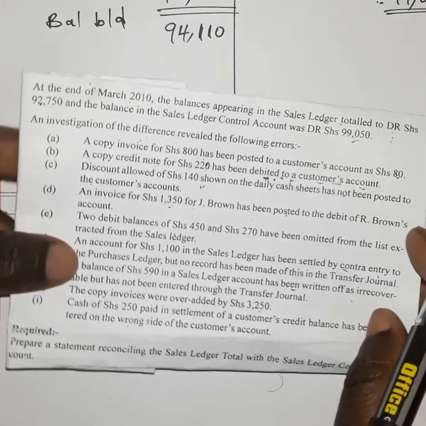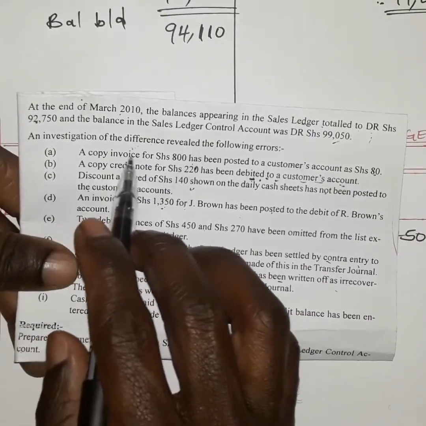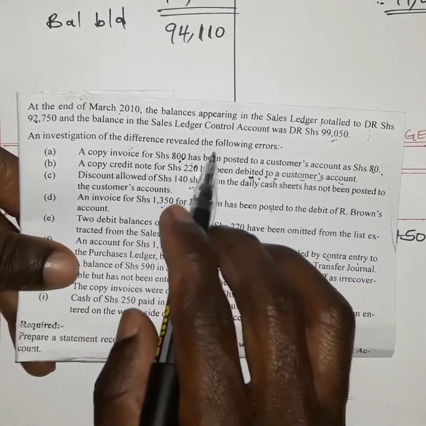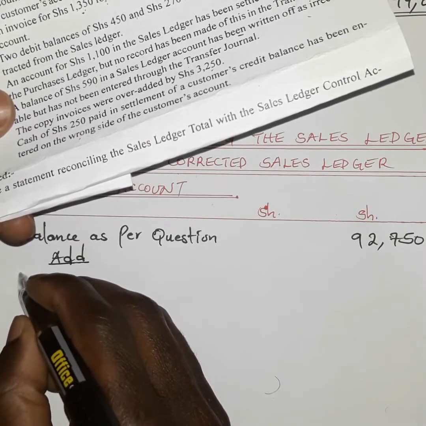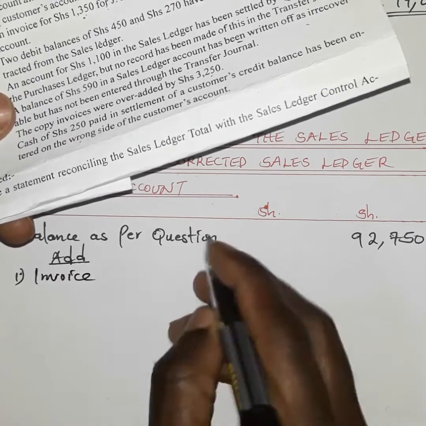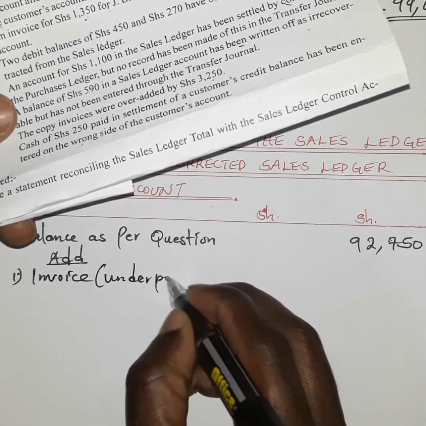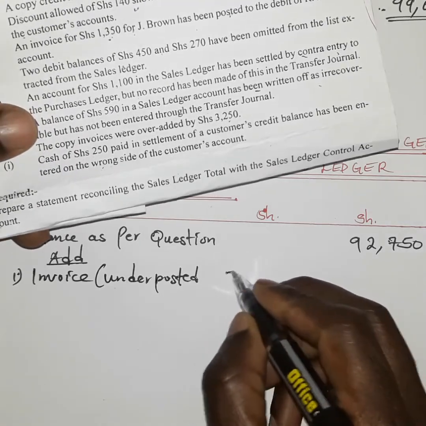The first one is the invoice underposted. 80 instead of 800, the difference is 720. So we add the first one, which is the invoice underposted, and this invoice was an amount of 720.